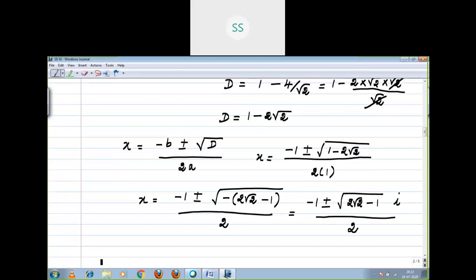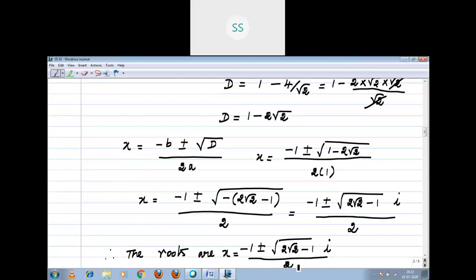Therefore, the roots are x is equal to minus 1 plus or minus root 2 root 2 minus 1 into i divided by 2. Did you understand? Say yes or no. Now I am going to move to question number 10.